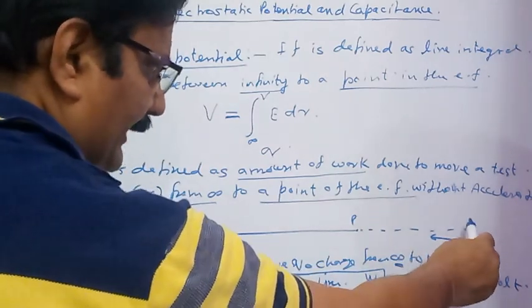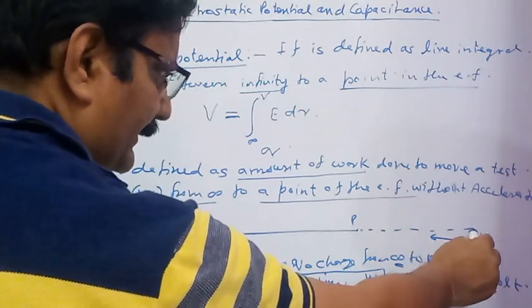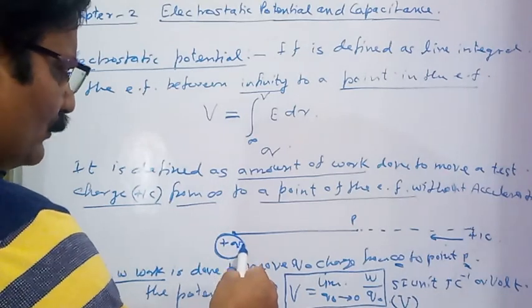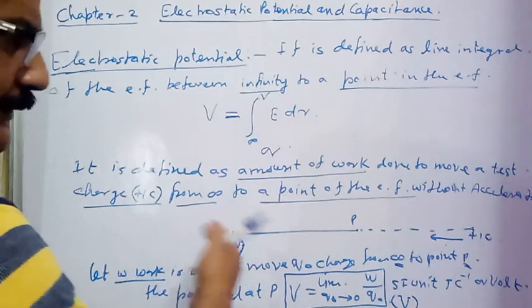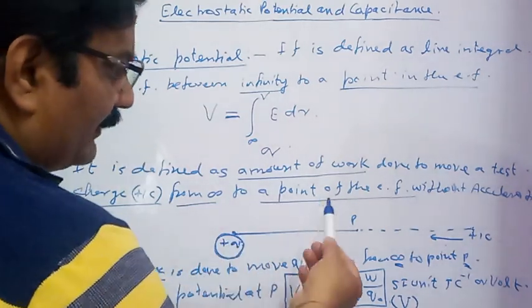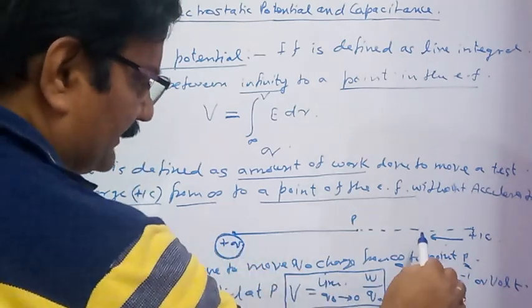But as soon as the test charge is brought inside the electric field of this source charge, either the source charge can do the work to move the charge by its attraction if the source charge is, suppose, negative, or work can be done by some external agency if the force of the source charge is repulsive.